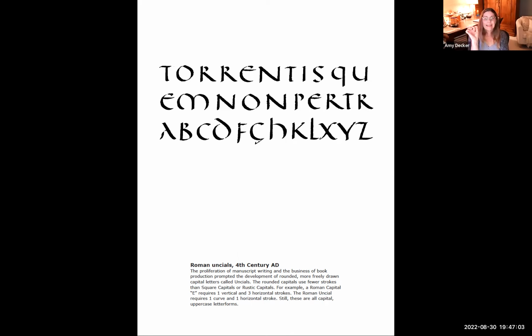So these little tiny details can save a lot of time when you are writing an entire book. And so little things like that made a big difference. Fewer strokes than the square capitals or the rustic capitals, and a Roman E, we just explained that. So there are still all these capital uppercase letter forms.